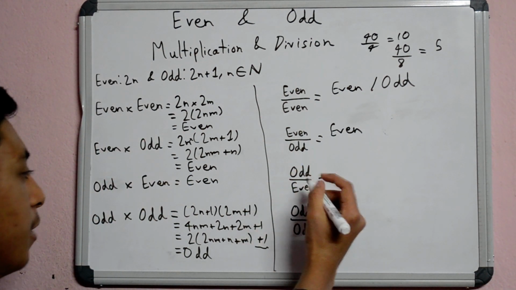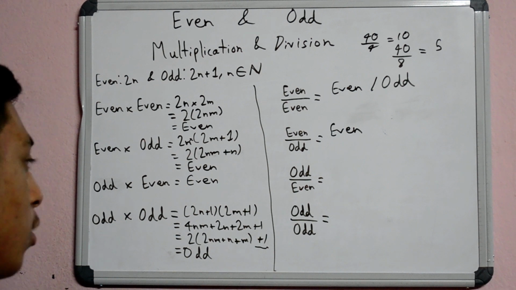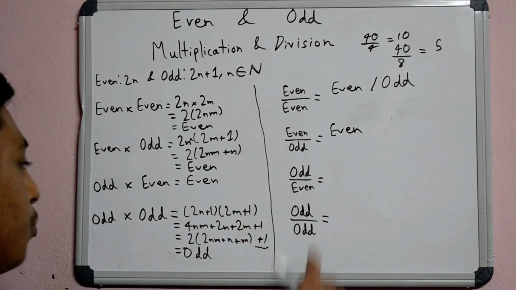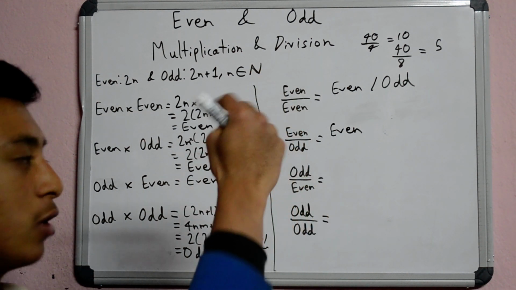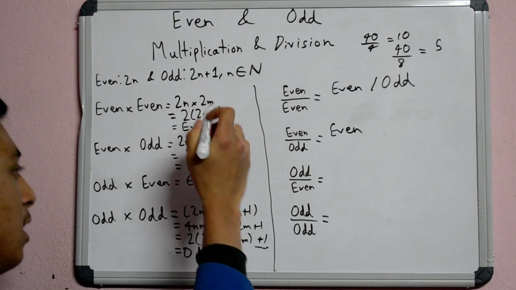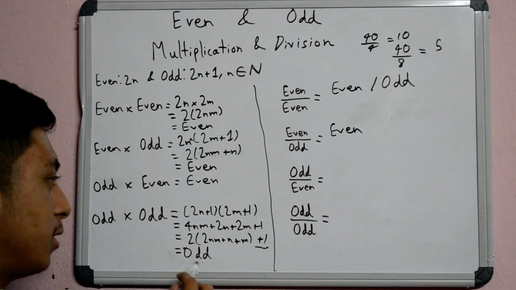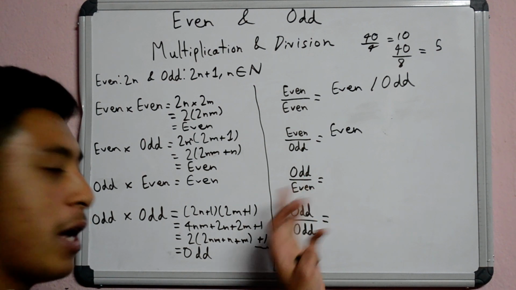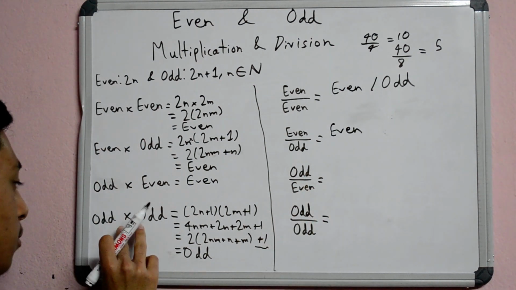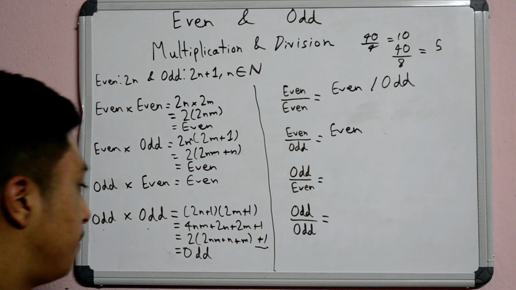So odd by even. We need to look at odd by even cases. That means we need to look at the end result being odd from the multiplication list. So these three are even, so we can't use these three. So we have to look at the last. And here we need to have even in one of these two terms, but both of them are odd.